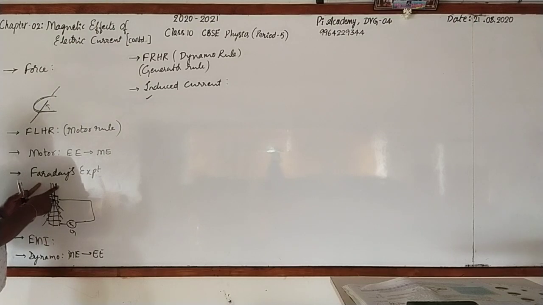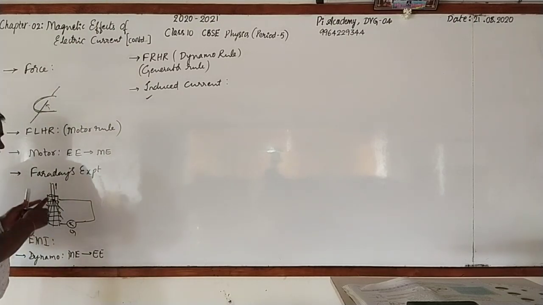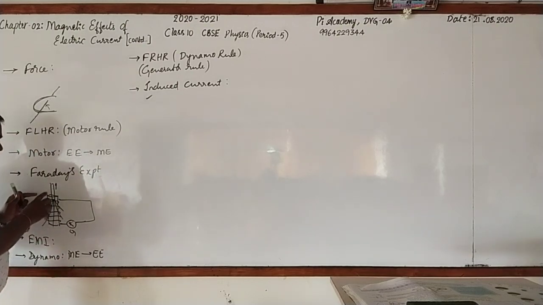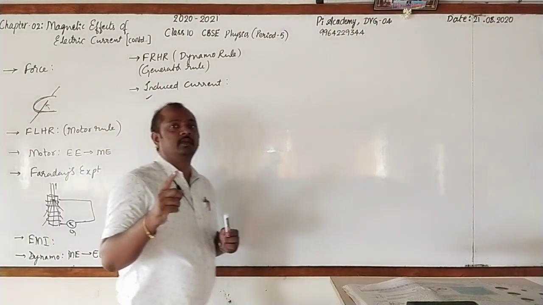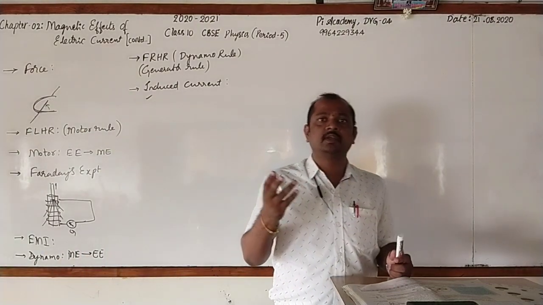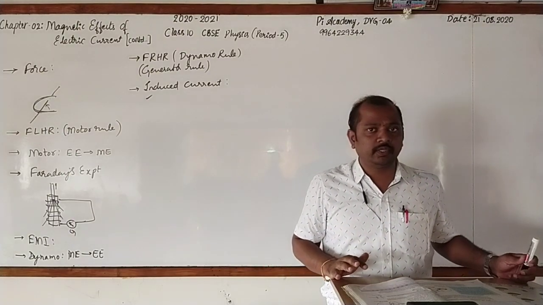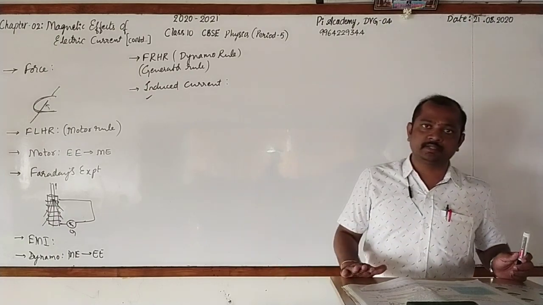As strength increases, that means the amount of magnetic field increases, then again induced current also increases because more amount of field gets changed. And the third important point is the number of turns of the coil. As the number of turns increases, the change in the field also increases. Due to this, induced current also increases.